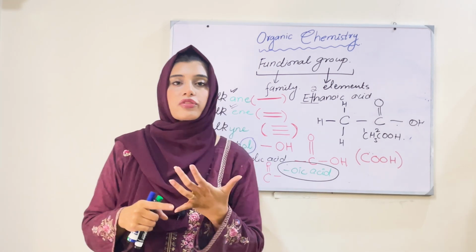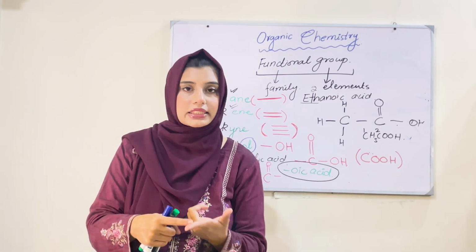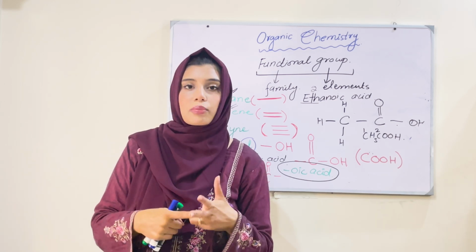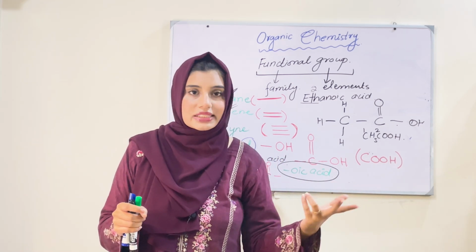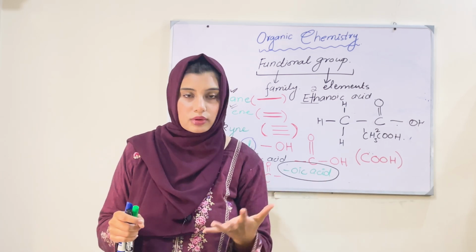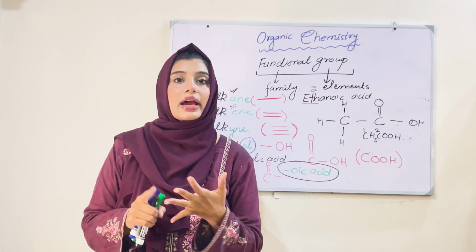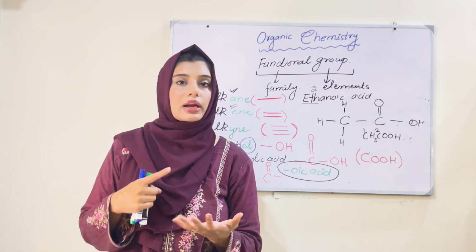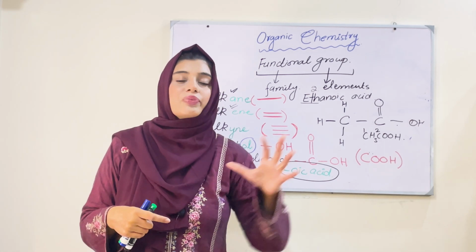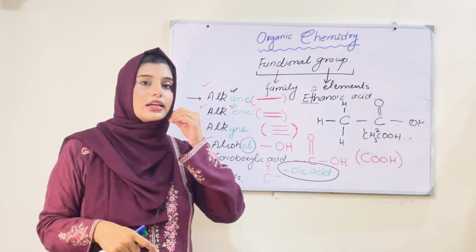So I gave you 4 or 5 examples: alkane, alkene, alkyne, then alcohols, carboxylic acids, and ester is the linkage, which I will explain after discussing carboxylic acids and alcohols. For alkane we have single bond, for alkene double bond, and for alkyne triple bond. For alcohol we have OH, and for carboxylic acid we have COOH. This is the whole story of the functional groups. I hope this is clear to you all.